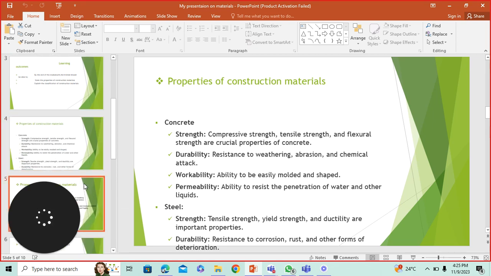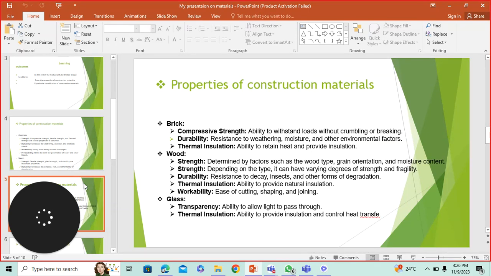Let's now move to the other properties. We have the construction materials brick, wood, and glass. As we are going, the properties are repeating themselves, like strength, durability, thermal insulation. I think all the construction materials should have those properties.